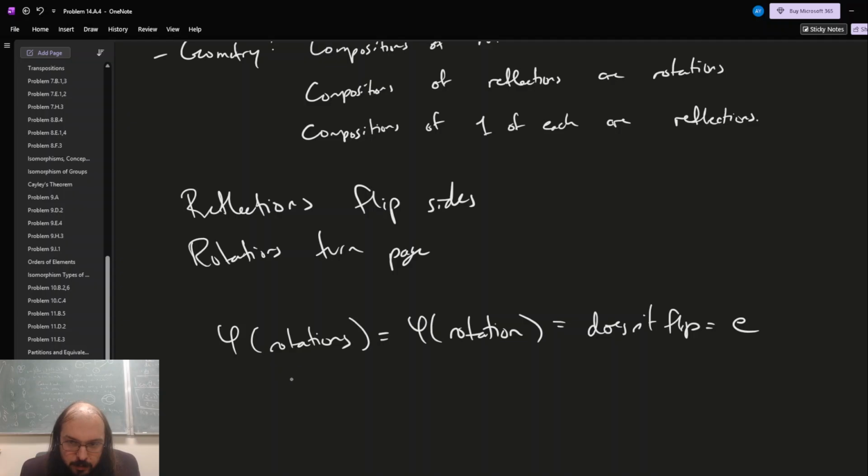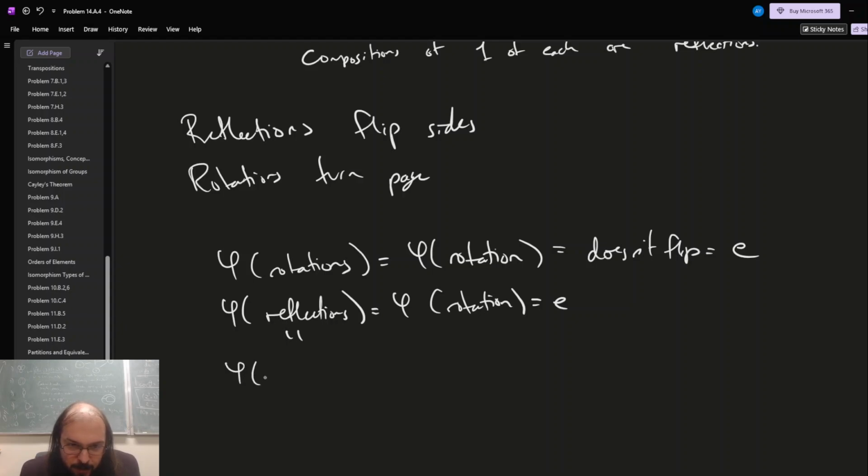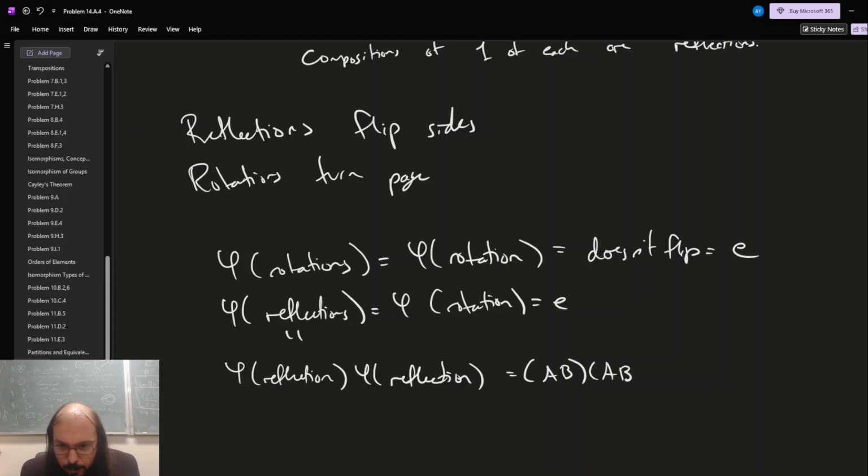On the other hand, phi of two reflections is a rotation, which should be E. And if I calculate it a different way, I get phi of one reflection, followed by phi of another reflection. And each of those are flips. But in the symmetric group, any transposition squares to itself. So we see that in this case, this non-trivial equation holds, and we're happy.